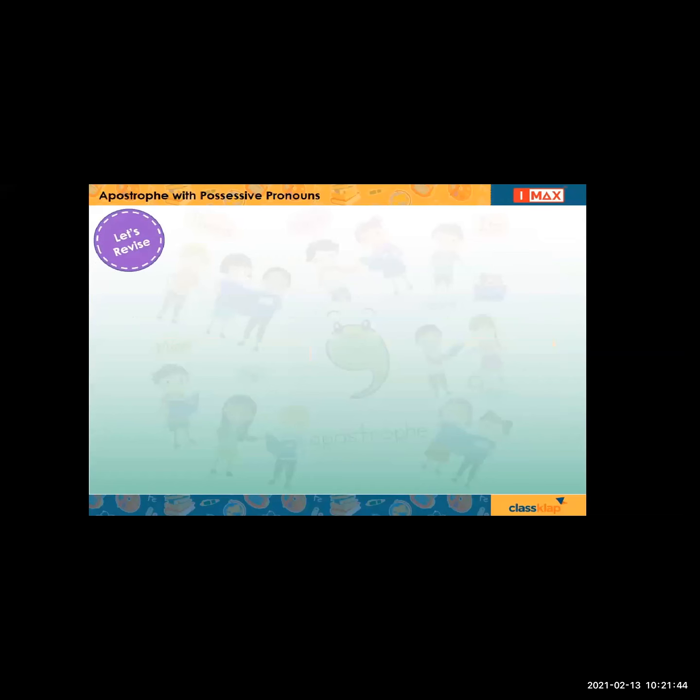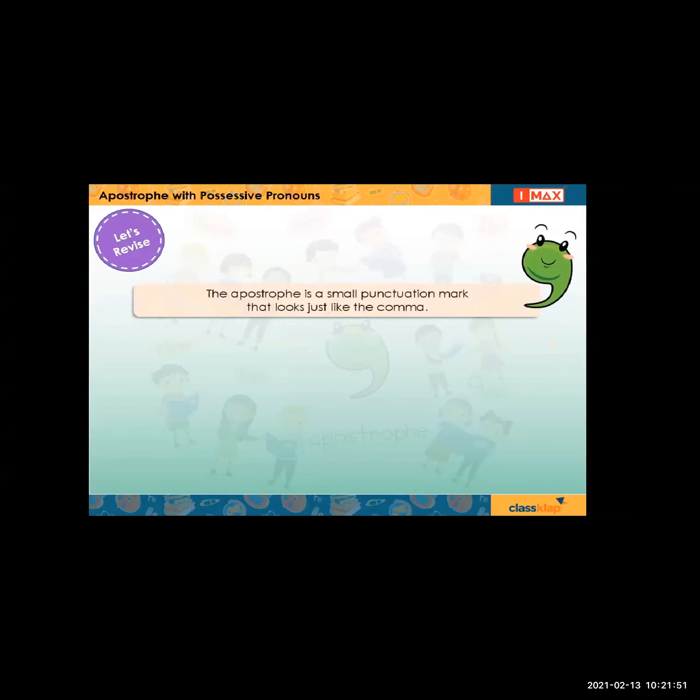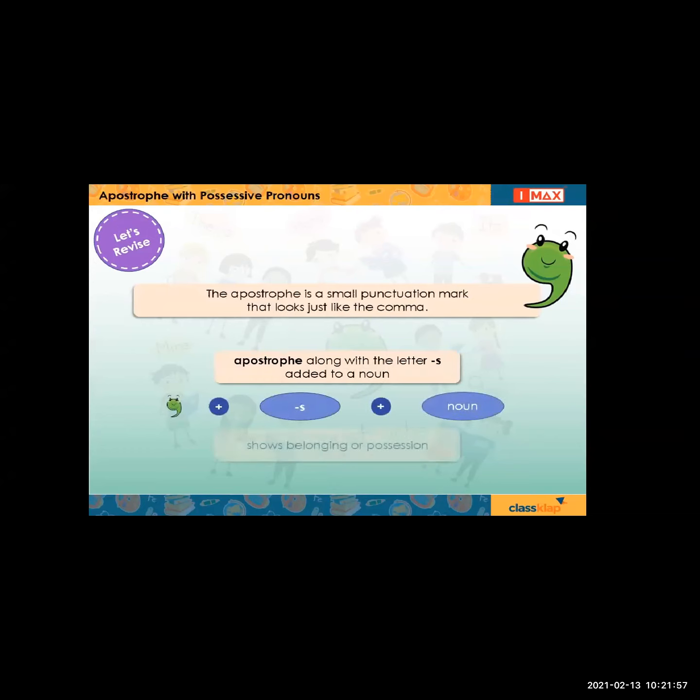Let's revise. The apostrophe is a small punctuation mark that looks just like the comma. An apostrophe along with the letter S added to a noun shows belonging or possession. A contraction is formed when two words are combined into one using an apostrophe.